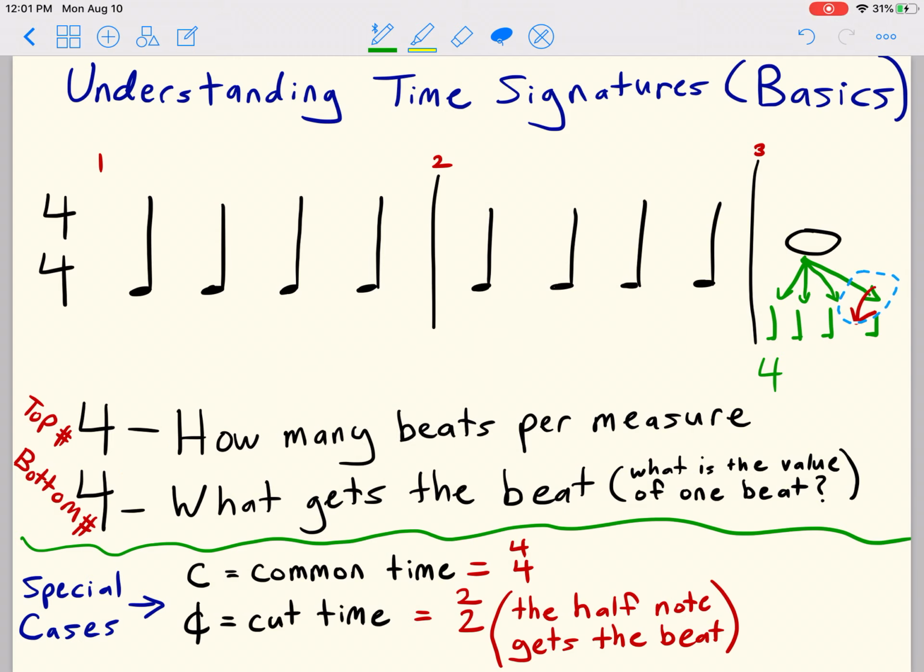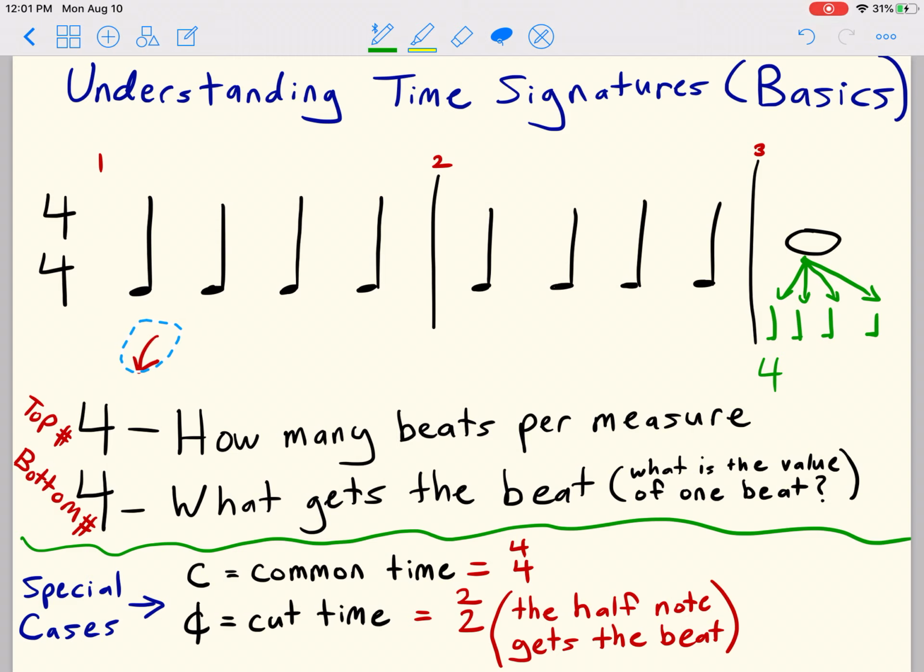Here's how this all draws together. When you have a whole note, you divide it up into 4 beats, you get quarter notes. The bottom number always tells you how much you need to chop up a whole note to get whatever gets the beat. So if I have a 4 on the bottom, that means I'm going to have quarter notes.